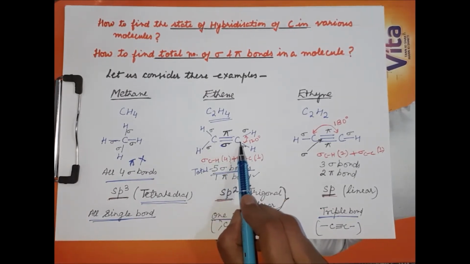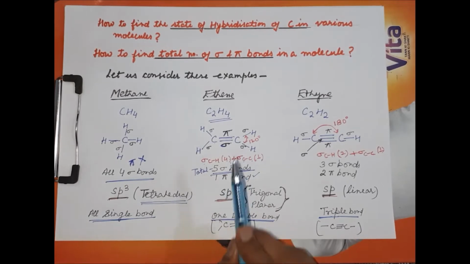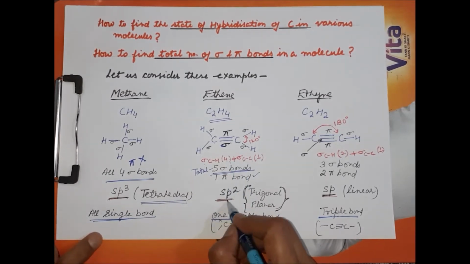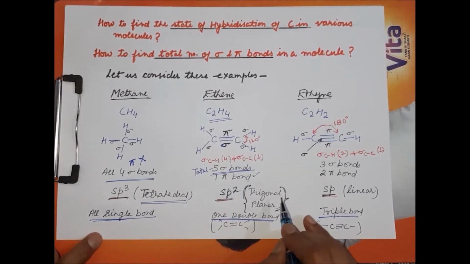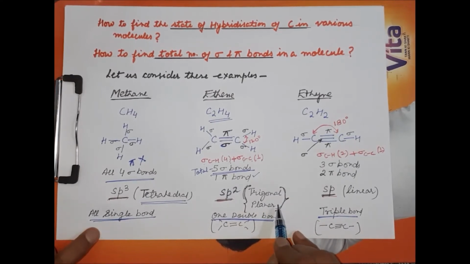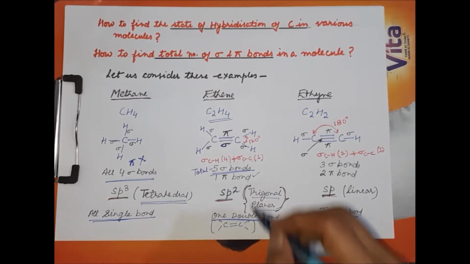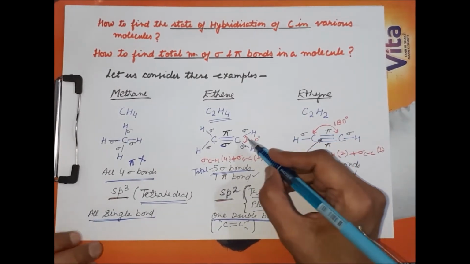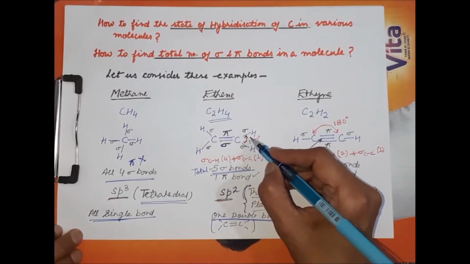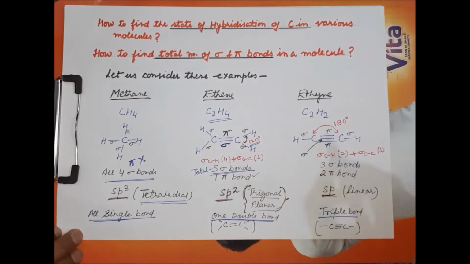Both these carbons have 1 double bond, so they are sp2 hybridized. And in such cases, the shape of the molecule will be trigonal planar, and the angle between these two bonds will be 120 degrees.